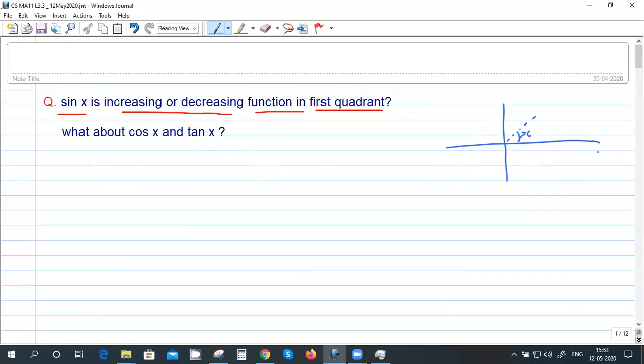Since x is used for angle, for the coordinate axis I'll use x1 so that I don't get confused. If I take a point here, what is the coordinate of this point? x1 comma y1. The coordinates of a point I choose as x1, y1, and this angle is x. So the sine of angle x is how much in terms of x1, y1?